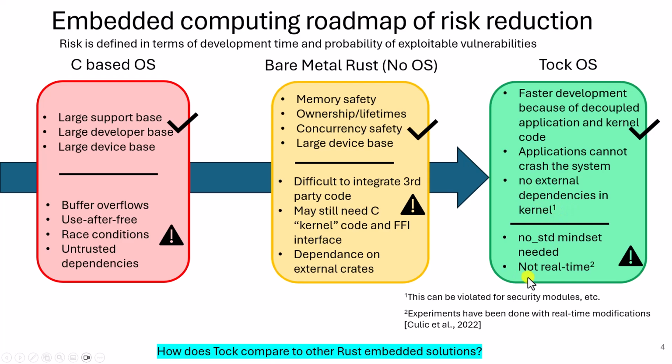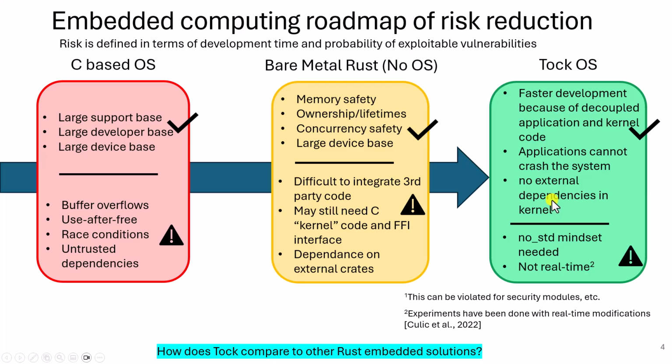Now, there is a footnote that if you're using, let's say, ARM, some of the security modules, the trusted platform modules, there might be a reason to pull in external dependencies in the kernel for some of those specific cases.